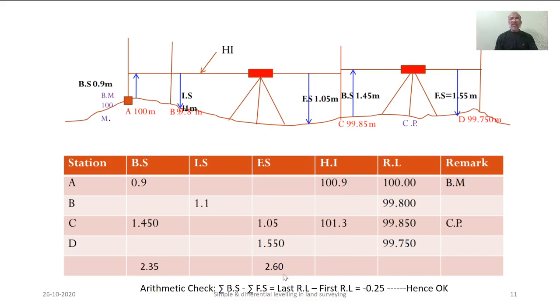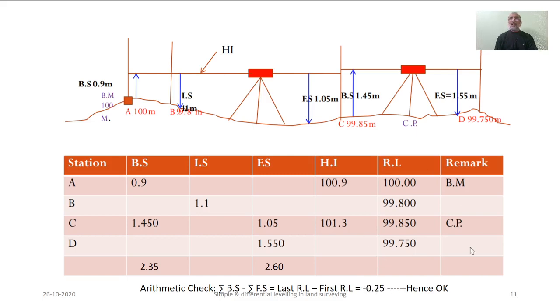Now, as we discussed previously, we have to apply the arithmetical check: summation of backsight minus summation of foresight. So here summation of backsight comes to 2.35, summation of foresight comes to 2.60. As we determine the difference, it comes to minus 0.25. Similarly, 99.75 minus 100 also comes to minus 0.25.